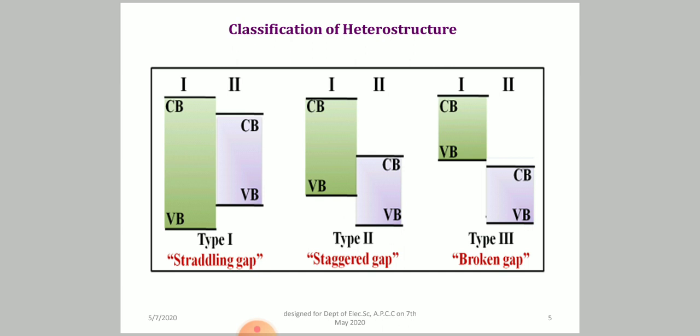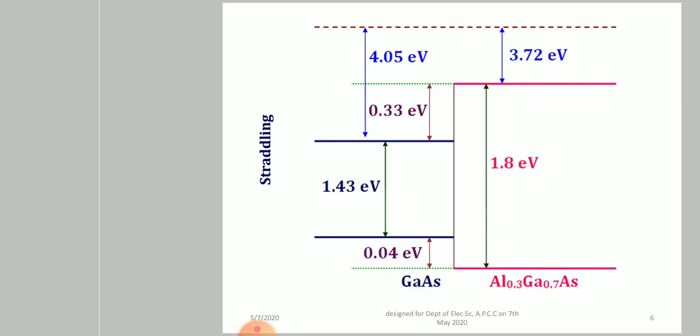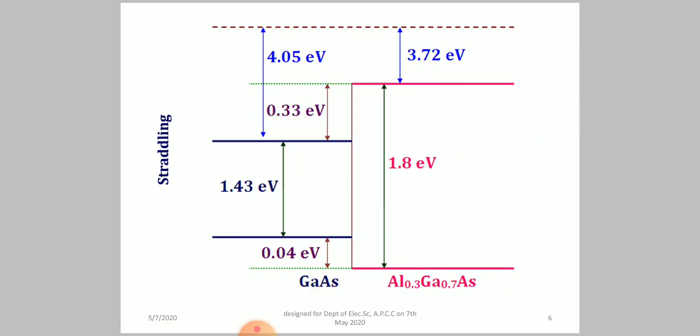But till now I am dealing with the physics of semiconductor devices, yet to incorporate the concept of material science. So we have type 1, type 2 and type 3. Now I am coming to type 1 in more detail. Look at this, I am taking GaAs and GaAs for a particular mole composition.